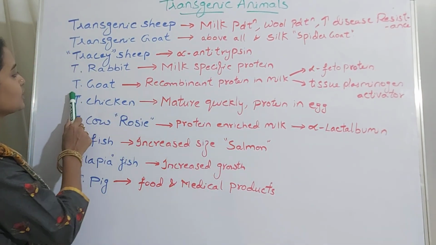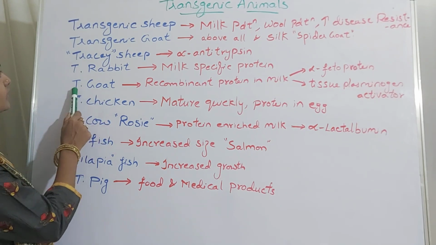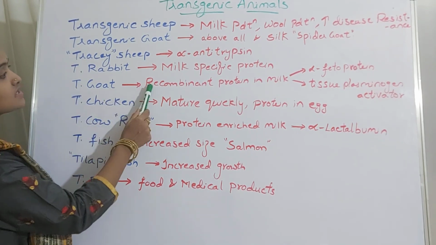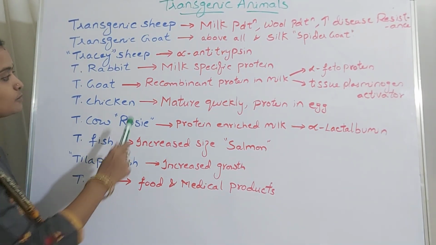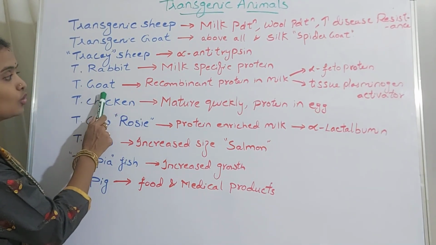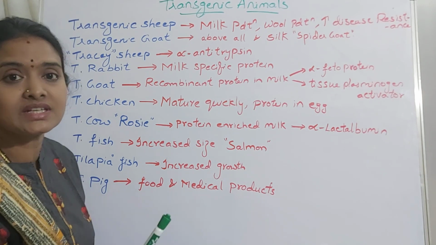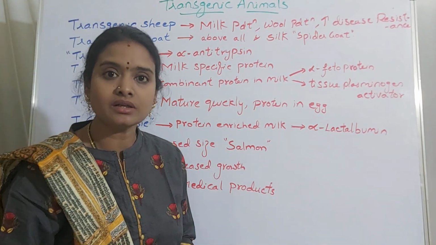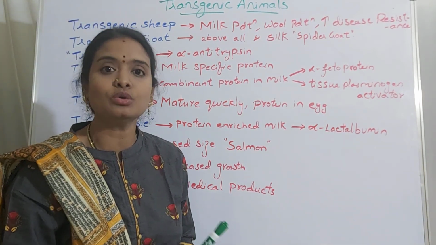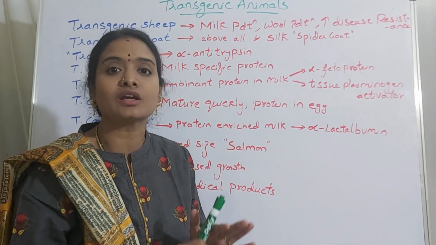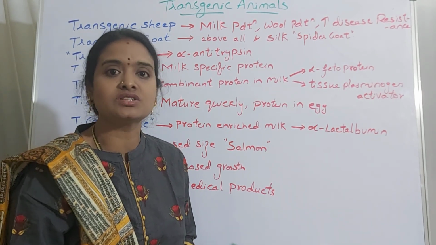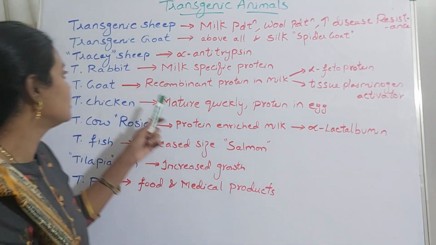Then next coming to the transgenic goat. So here this transgenic goat is having a recombinant protein in its milk. That means here in the transgenic goat, you are not introducing only a single gene of interest, but you are recombining two desired genes of interest to make it a recombinant gene. Then that gene is introduced into this goat.